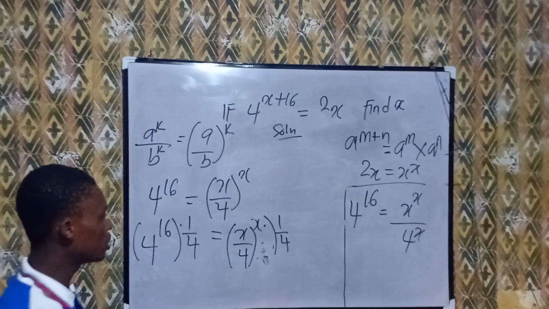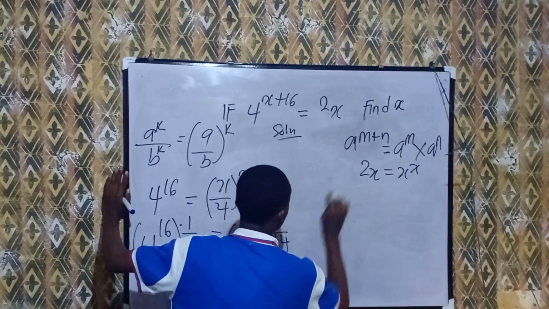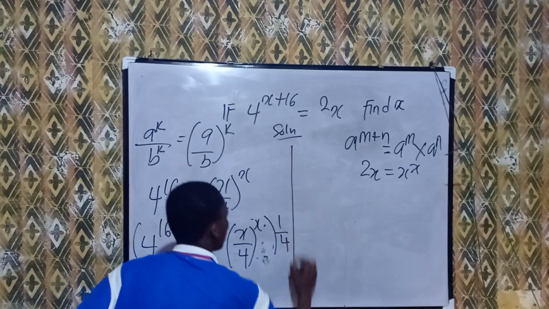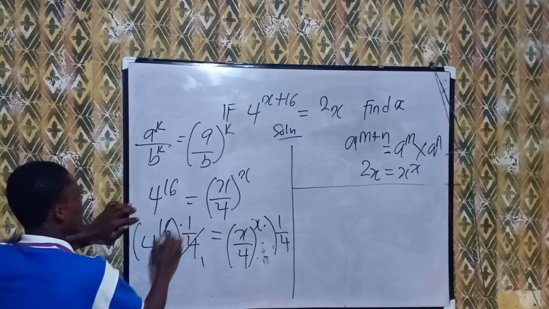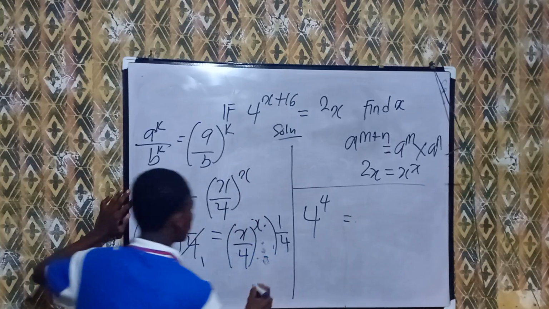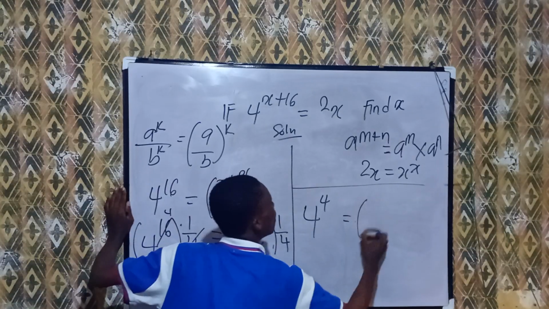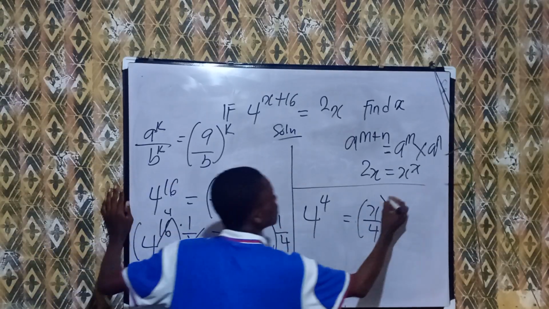All right, let's proceed. Let's continue. So from here now, what are we having? We know that the 16 here can cancel itself. This also. So we have 4 to power 1 equals x all over 4. X times 1 is x.